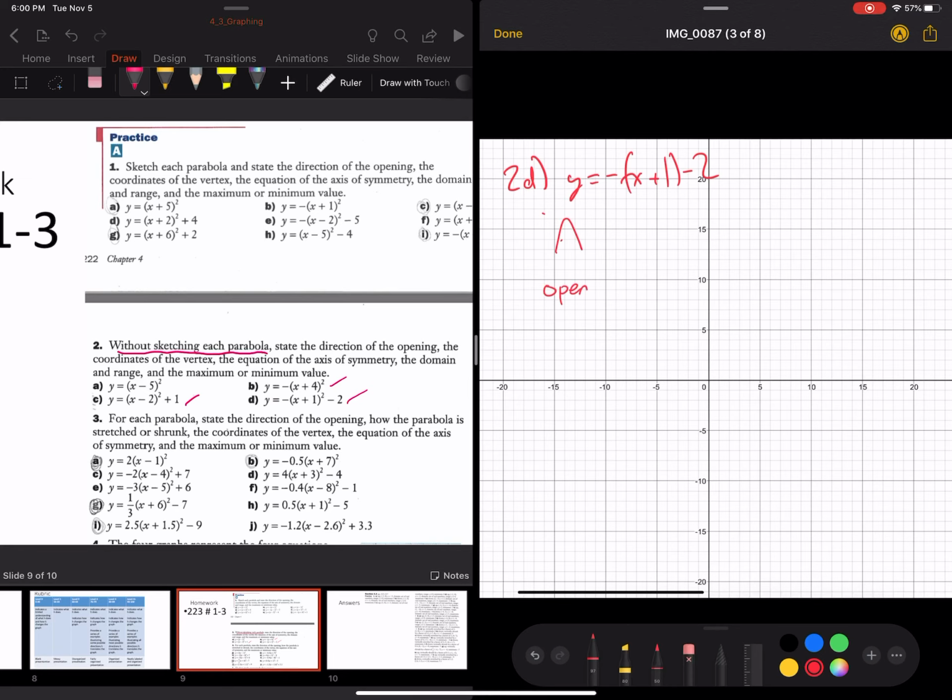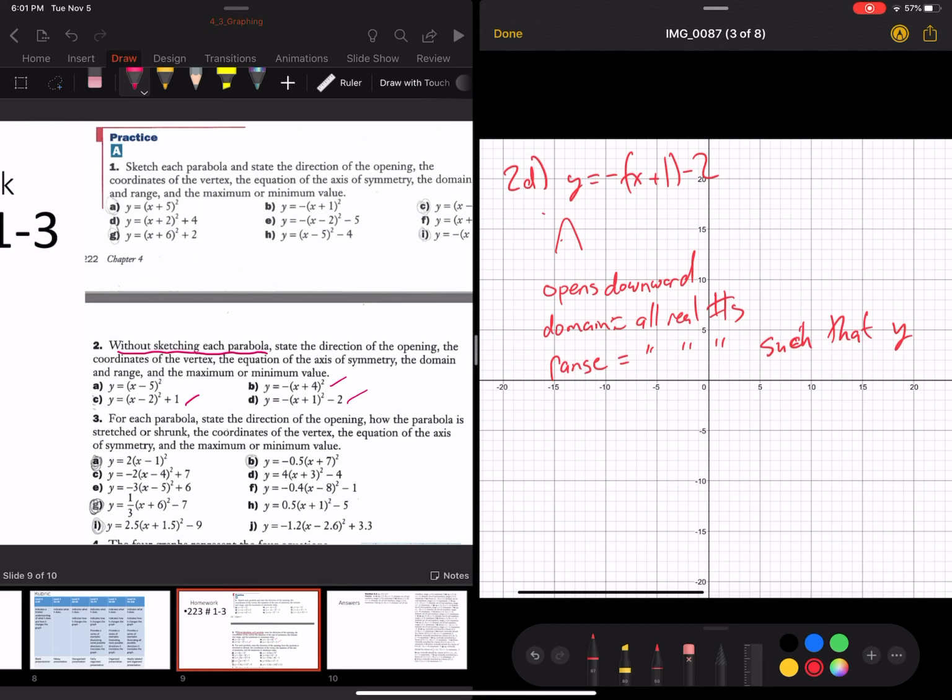Okay, so look. We know that this negative means it looks like that. Opens downward. Our domain is always the same. We'll just write it here. Domain equals all real numbers. Our range is equal to all real numbers such that y, something about y.